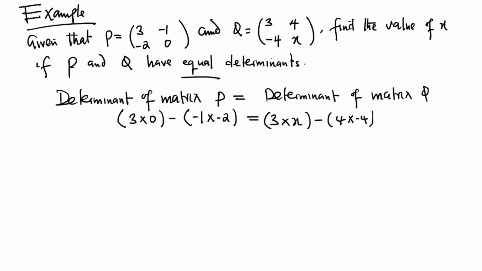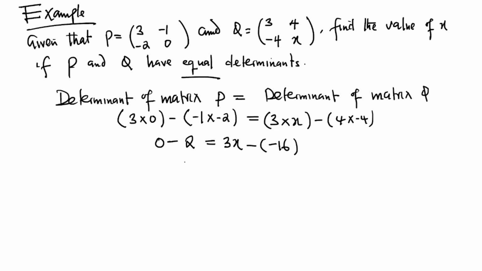Okay, so 3 multiplied by 0, that is 0, minus -1 multiplied by -2, that's a 2 there, and 3 multiplied by x, that would be 3x, minus 4 multiplied by -4, that is -16. So negative multiplied by negative there gives us a positive.